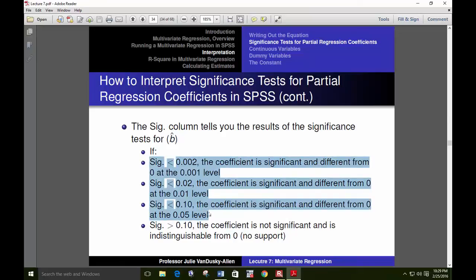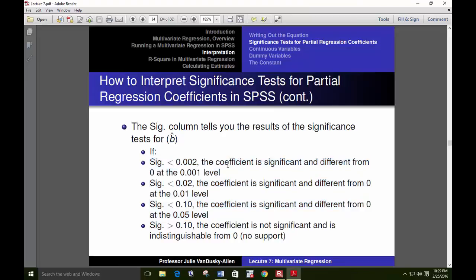The only difference between these three levels of significance is if your significance test meets these criteria, then your results would be significant at the 99.9% level. If your significance tests meet these criteria, then your results would be significant at the 99% level. And if your significance tests meet these criteria, then your results would be significant at the 95% level.